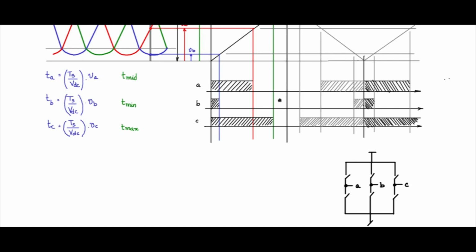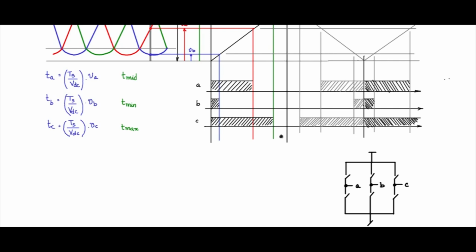This is 0, 0, 0, which means all the lower switches are connected. A is 0, B is 0, C is 0. Then also the space vector is 0. So this time and this time are time durations during which the space vector is 0.